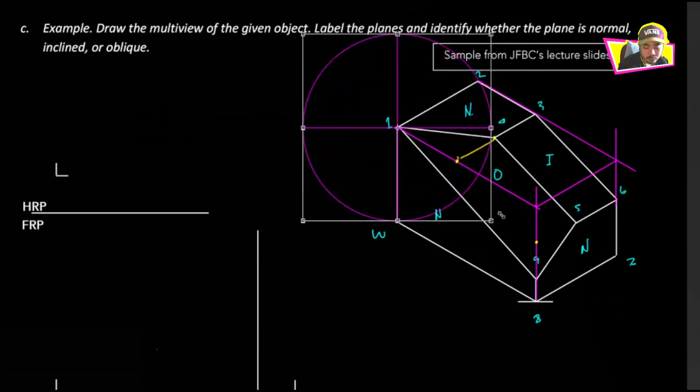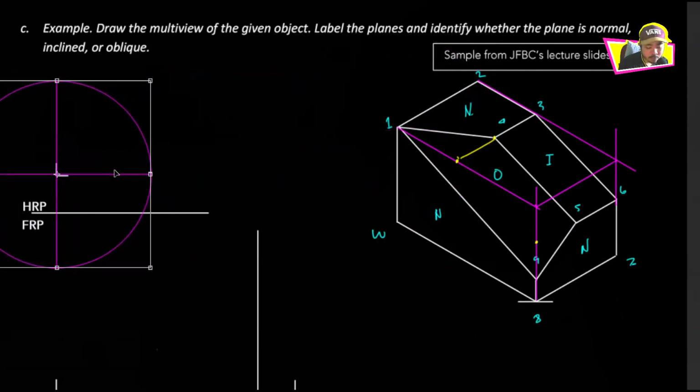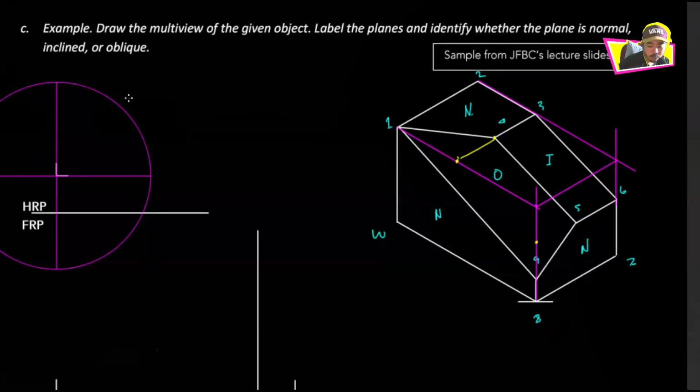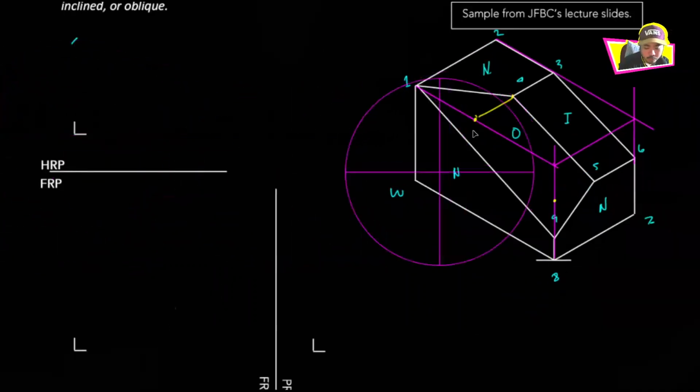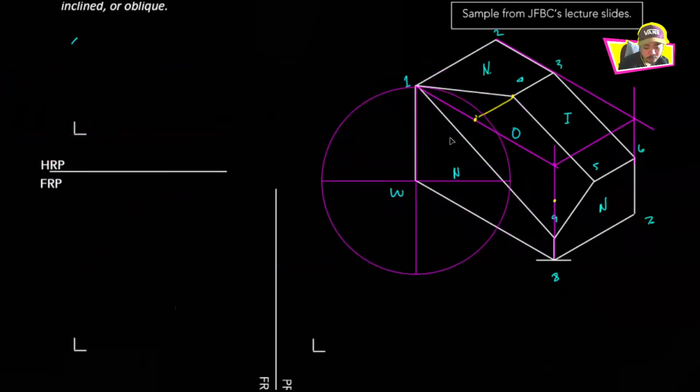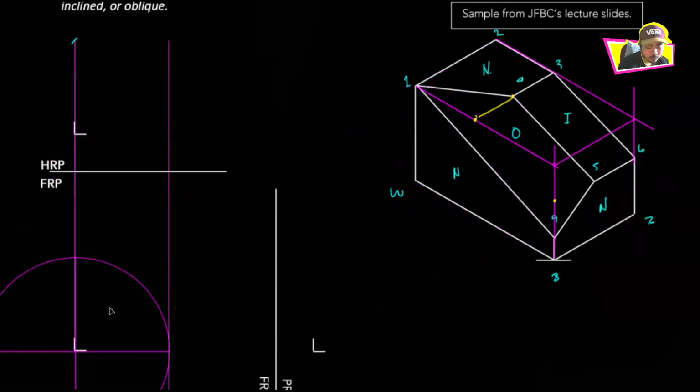So this is the height of the HRP, like so. Then let's take the other one. Are they the same height here? They are the same height, right? So let's transfer this.